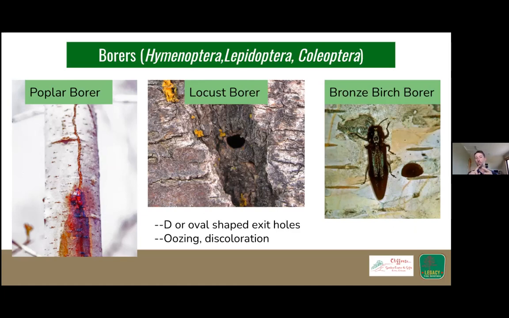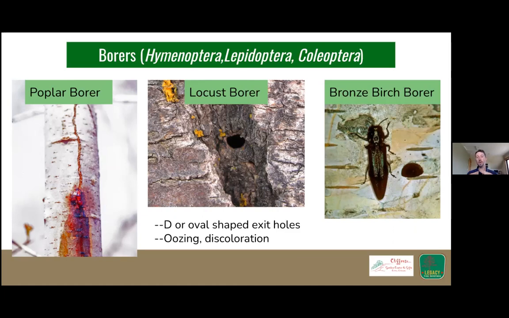They can actually weaken your branches quite a bit so that they'll split there, but they also don't girdle your tree entirely. And especially if it's a deciduous tree, it can react to that. It can occlude those wounds and it can survive. So you can treat borers pretty easily.